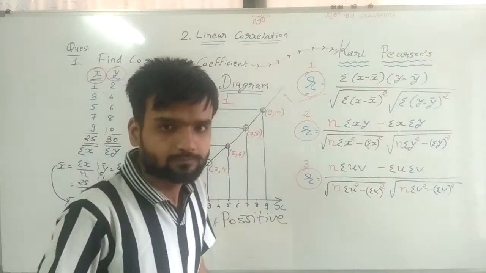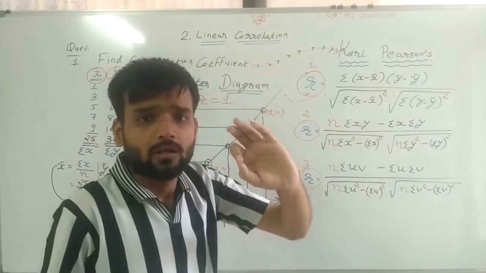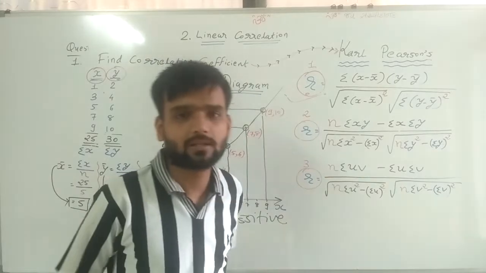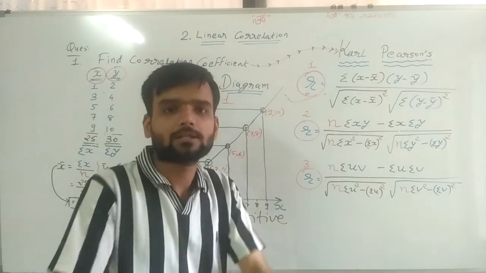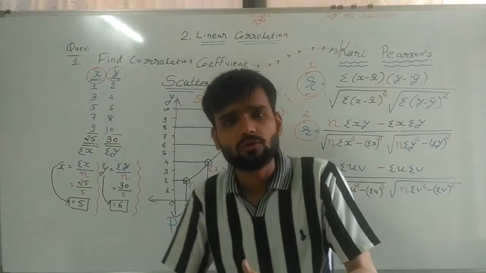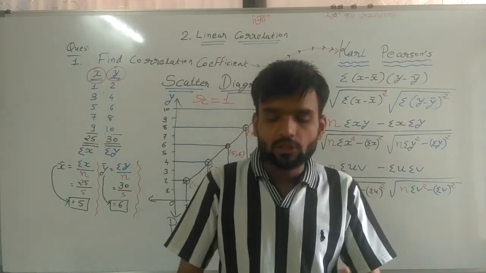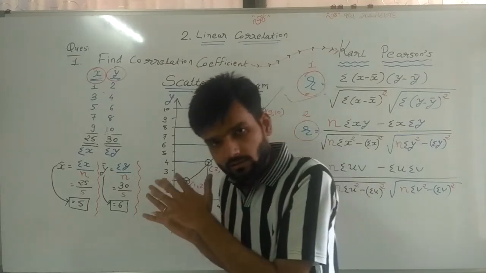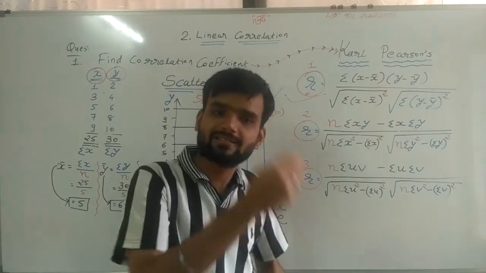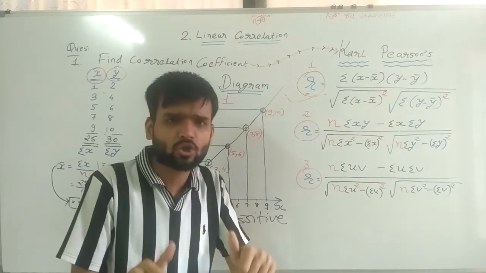I told you in the last lectures that the scatter diagram method and this Karl Pearson method talk about variables, and Spearman talks about attributes. Generally Karl Pearson gave his results on a variable basis. He said that on the basis of variables we can find correlation, but on the basis of attributes we cannot.